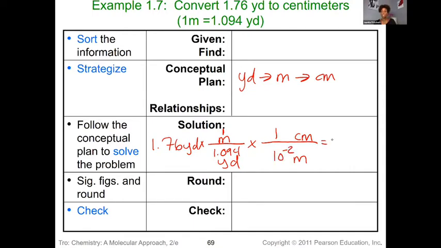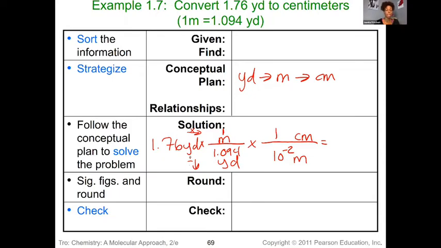When I'm ready to put this in the calculator, remember, we multiply across the top and hit the division symbol for anything on the bottom. So I would be saying 1.76 times 1 times 1. Those ones aren't necessary. Then I'm going to divide by 1.094 divided by 10 to the negative 2.